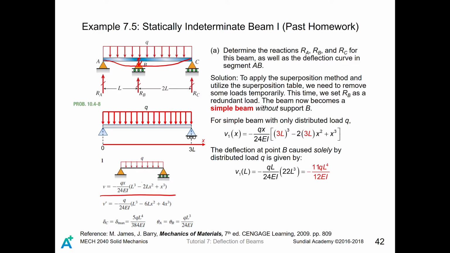So by only the uniform distributed load, the deflection caused is 11QL to the power 4 divided by 12EI. The next thing to consider is that once we add back this RB, the RB is supposed to recover the deflection at point B to 0.